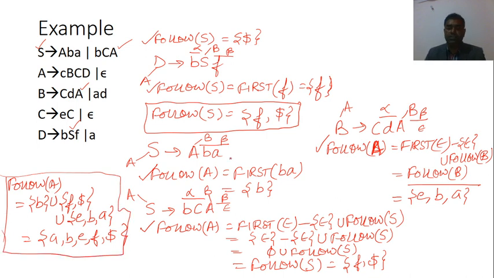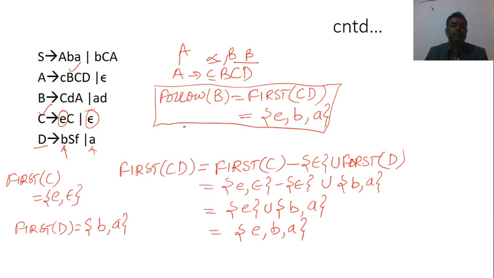Now consider the next production. If I want to find out follow of C, I can find it from here, here also, and here also, and from here also. Consider this one production first. S derives to BCA.